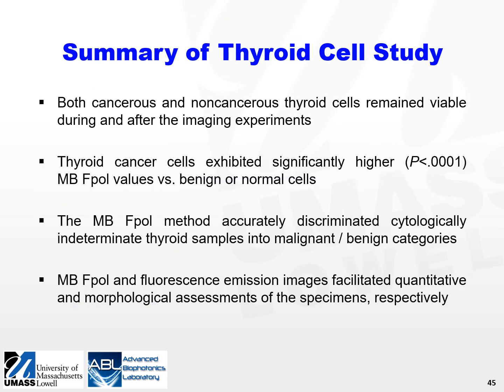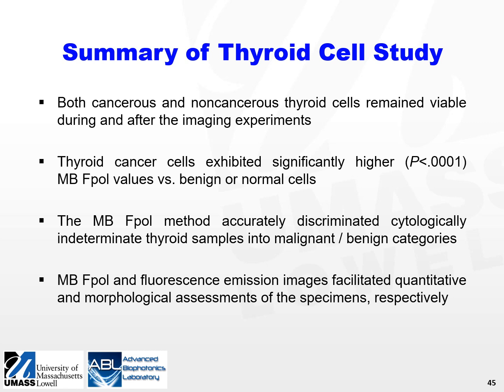To summarize the thyroid cell study, both cancerous and non-cancerous thyroid cells remained viable during and after the imaging experiments. Thyroid cancer cells exhibited significantly higher methylene blue fluorescence polarization values versus benign or normal cells.